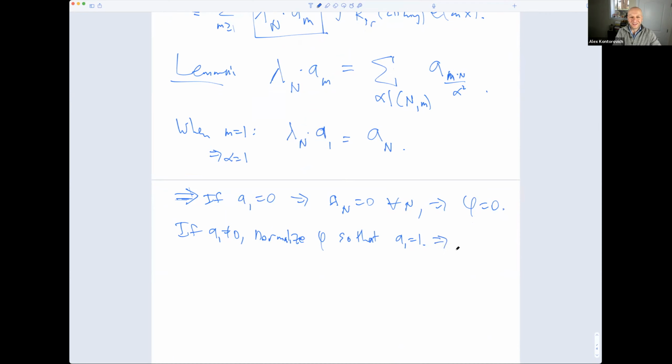Then lambda n is actually equal to a_n. This is crazy. These are eigenvalues of some operator. These are Fourier coefficients. It gets crazier.